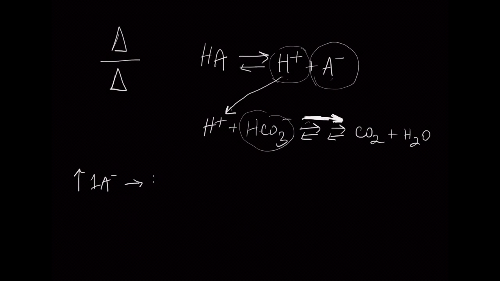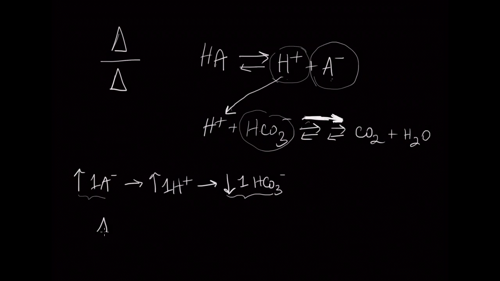If you looked at the change in the generation of anions and the loss of bicarbonate, that ratio would be equal to 1. And that's what the delta-delta measures.